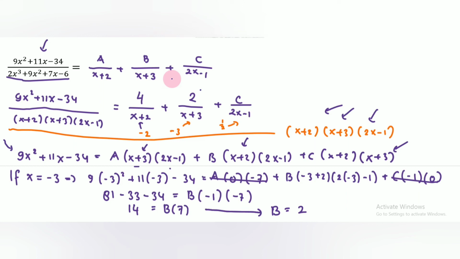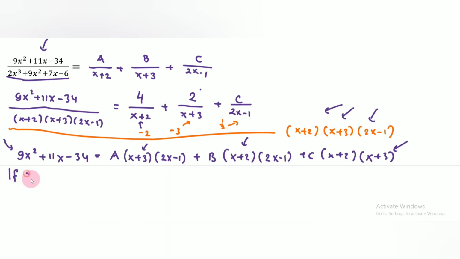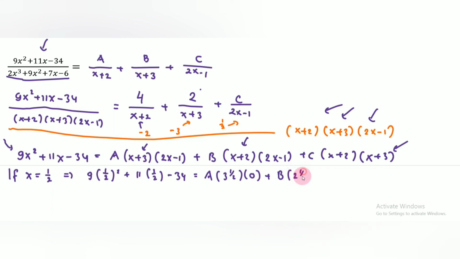So yeah, the last piece is C. So let's do that. If x equals the last zero, which is half, therefore our equation will be 9 times half squared plus 11 times half minus 34 equals, okay, a multiplied by 3 halves multiplied by 0, right, plus b multiplied by 2 halves multiplied by 0, plus the last one is c multiplied by 2 halves multiplied by 3 halves.